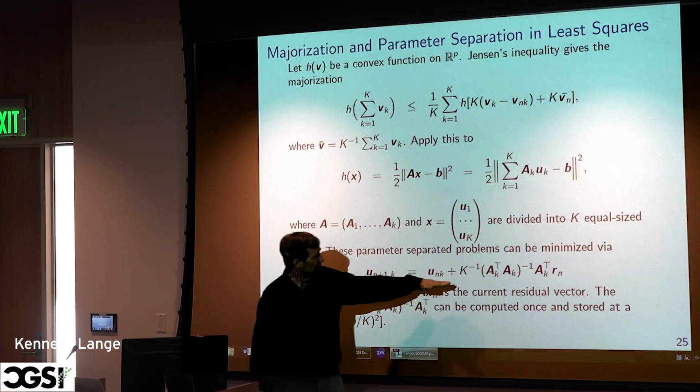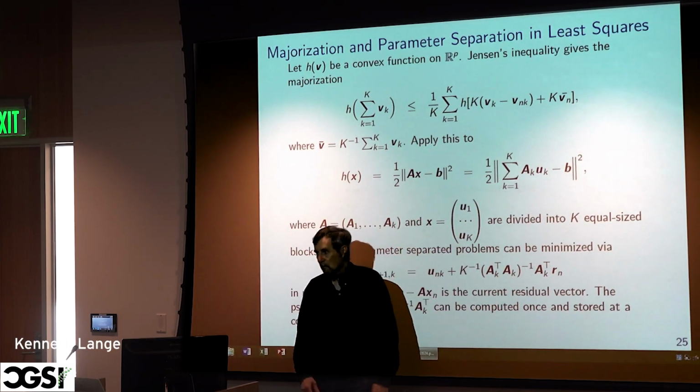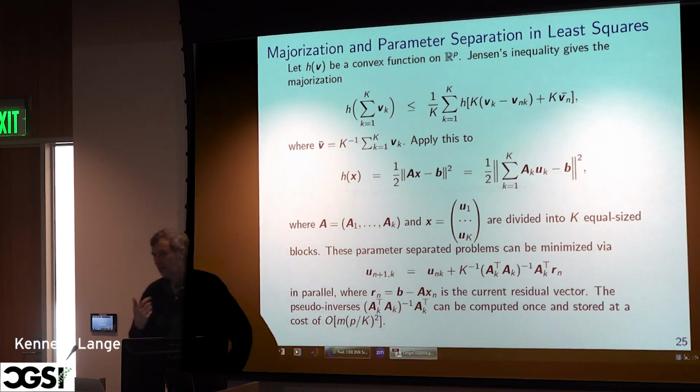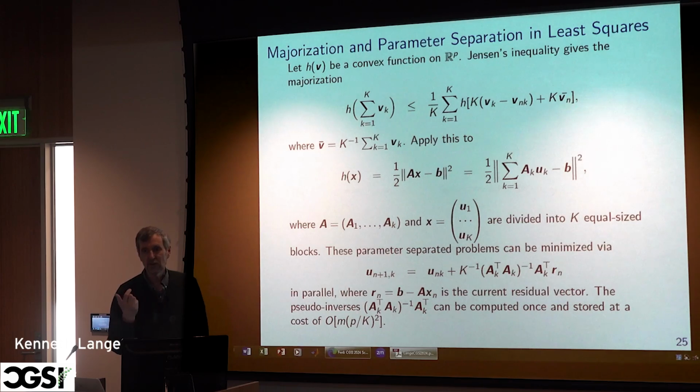And they involve these Gram matrix inverses. But the nice thing about that is these A_k matrices are much smaller. So a lot of the burden of doing the matrix numerical algebra is lessened. Remember, computing a Cholesky decomposition is p cubed.